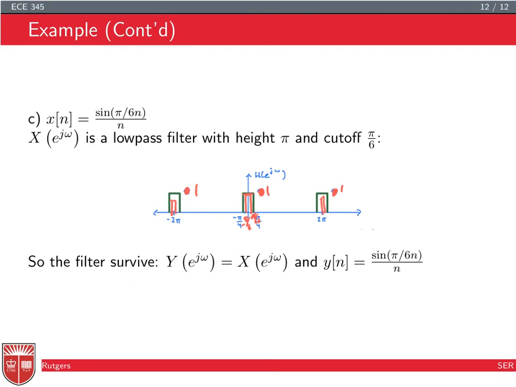So all the frequencies in x of n are going to be output by the LTI system, the filter, and they're not going to be modulated, meaning their amplitude is going to be the same. So the signal is going to go through the low pass filter with no changes. This is why the output y of n is sine of pi by 6 n divided by n.